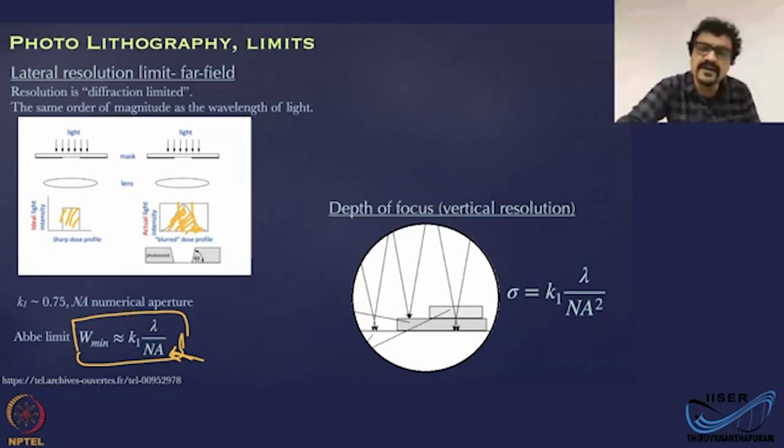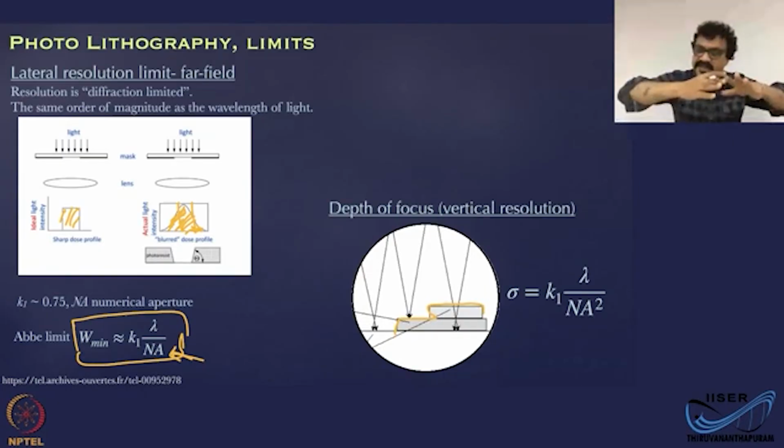And there is another limitation that comes from the depth of focus, especially for projection lithography. If you have regions on the sample with various heights, for example, some edge profile on the sample where you want to draw patterns, you have regions with different heights.